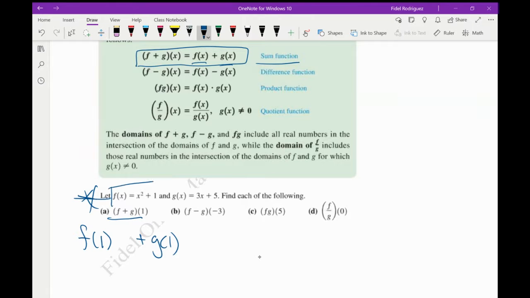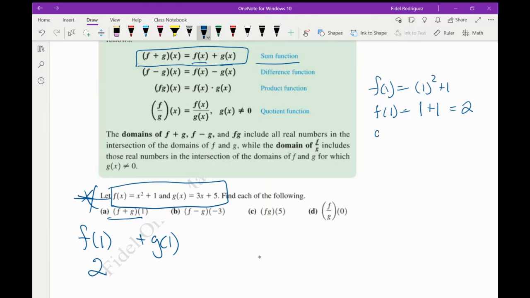Well, we already know how to find those because here's our f of x and here's my g of x, right? So if I said, what's f of 1? I would come back here and put 1 squared plus 1. Well, 1 squared is 1 times 1, which is still 1. And 1 plus 1 is 2. So this is going to be 2. G of 1 says, let me come back to this part right here.